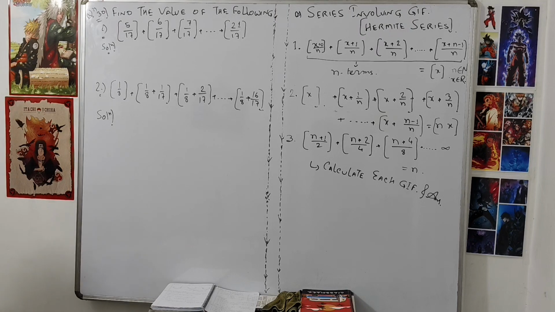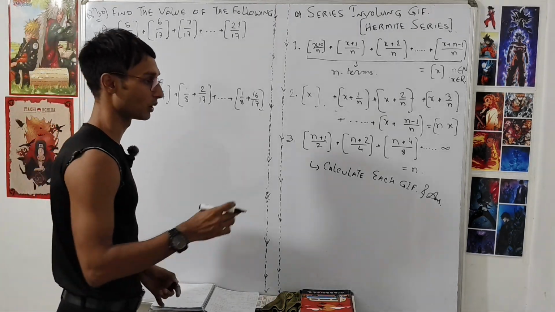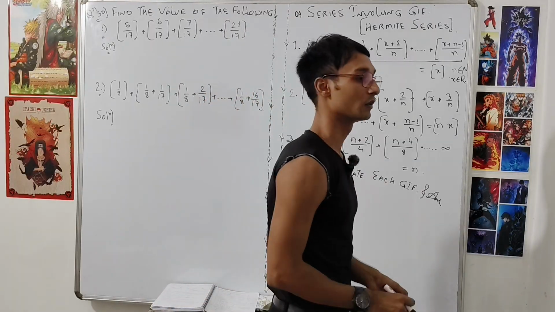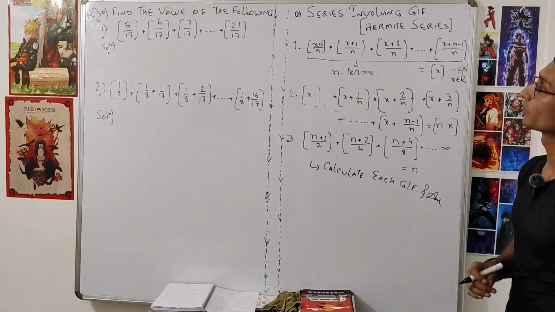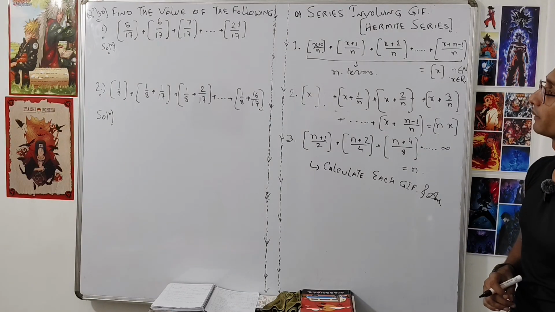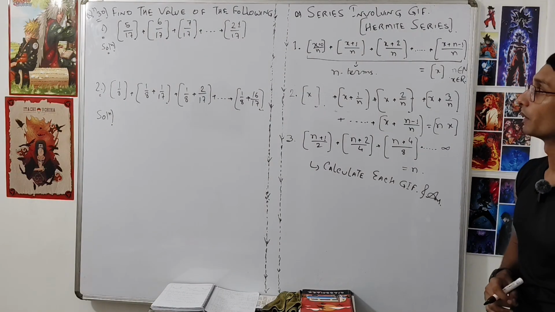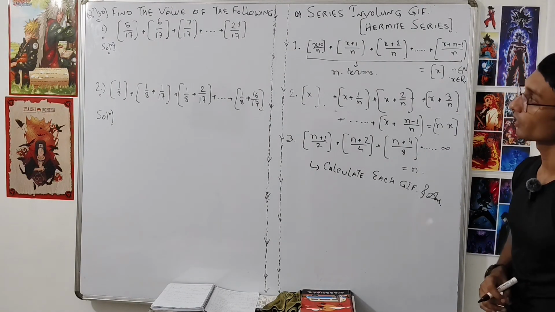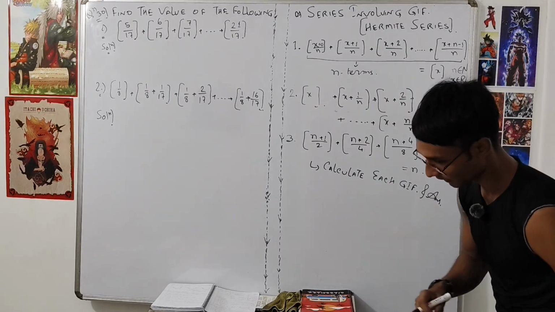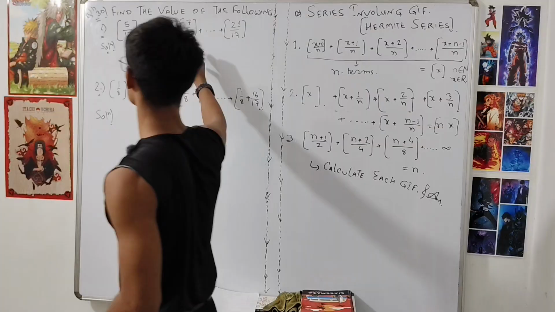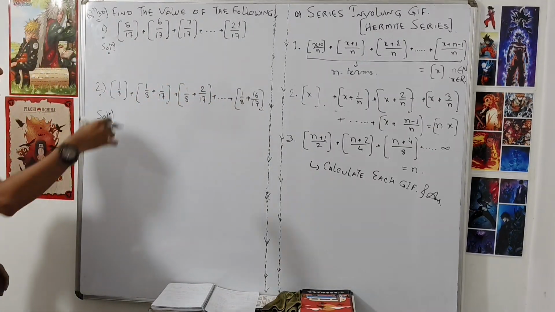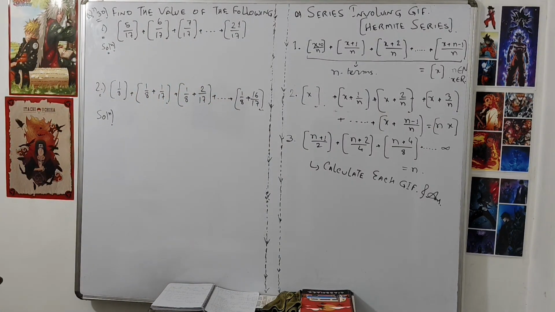Box of 5 by 17 plus box of 6 by 17 and then box of 7 by 17 up to box of 21 by 17. We will simply use common sense. 5 by 17 is how much?